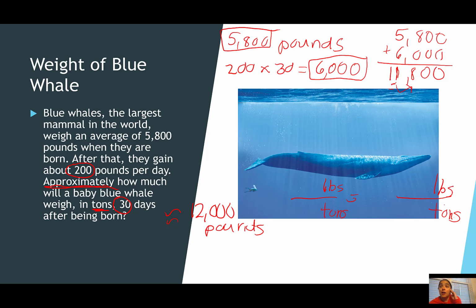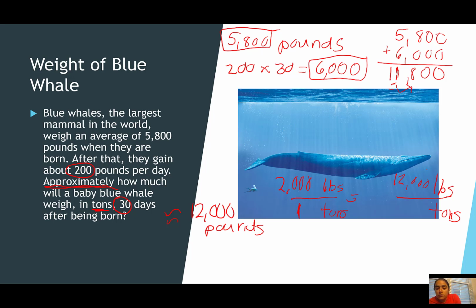So if I think back to what we know, that 1 ton is the same as 2,000 pounds. So over here in my second fraction, I'm going to put what I know in the problem. The whale weighs approximately 12,000 pounds. So now this is an equivalent fraction.